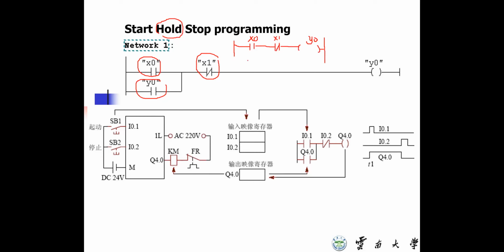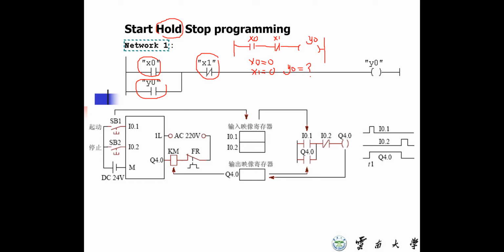And we can see when X0 equals 0 and X1 equals 0, Y0 equals to what? It's 0.